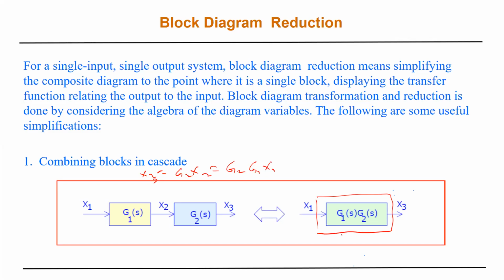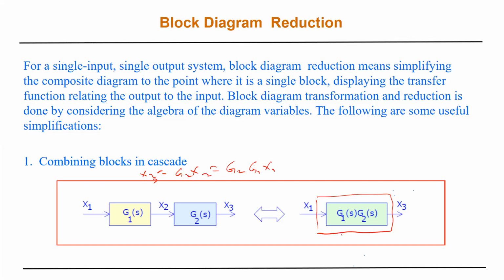In a multivariable system, if G1 and G2 are matrices, we know from linear algebra, matrices are not commutative.